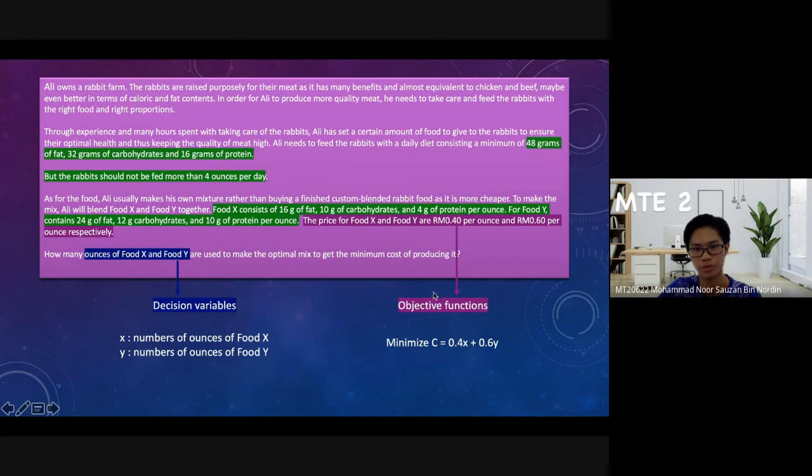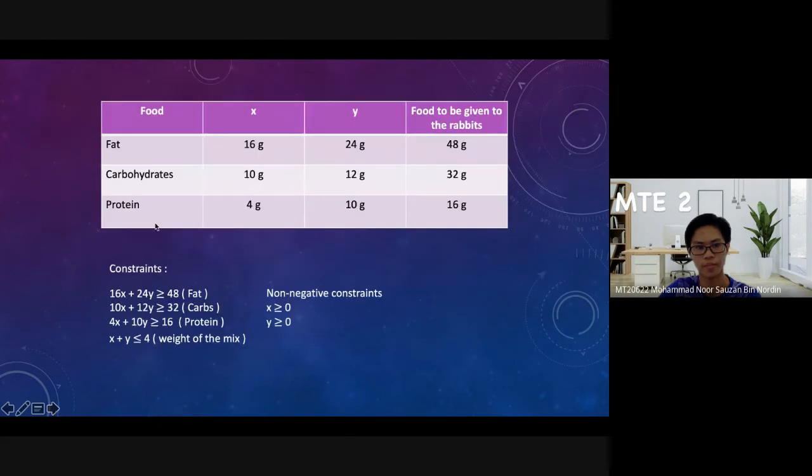Those pieces of information will be our objective function, which is minimize C equals 0.4x plus 0.6y. We use minimize because we want to find the minimum cost of producing the mix. In this table, you can see food X, food Y, and the food that needs to be given to the rabbits.